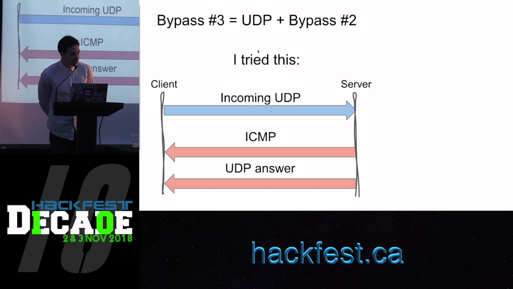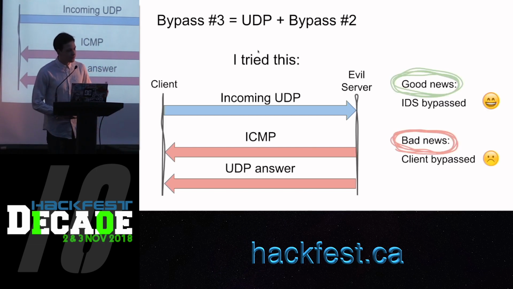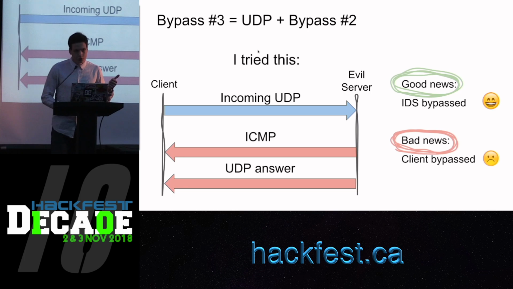Do you remember bypass technique number 2? You know what I'm saying? I tried the same technique, but for UDP. But instead of a TCP reset packet, we have an ICMP message. So what happened? I sent 2 packets, as in bypass technique number 2: first the ICMP destination unreachable message, and the second is a packet with some malicious data.